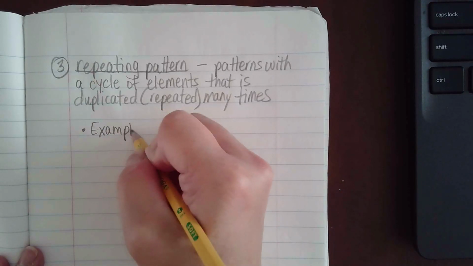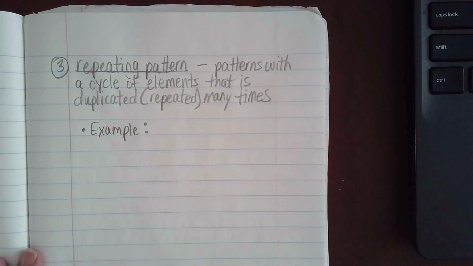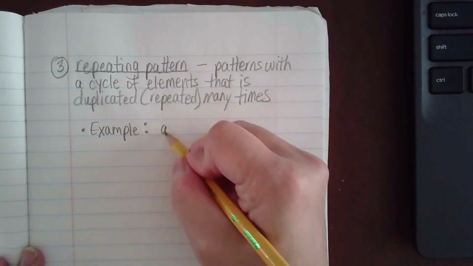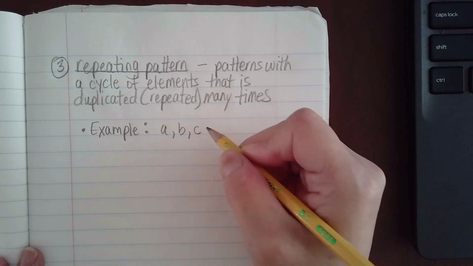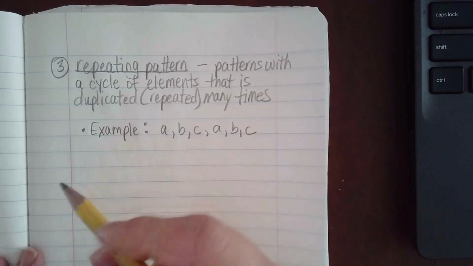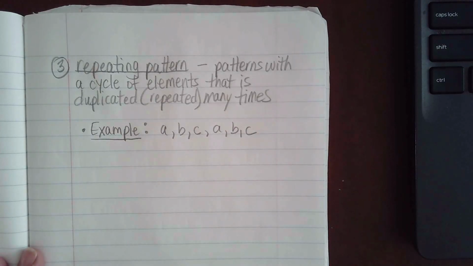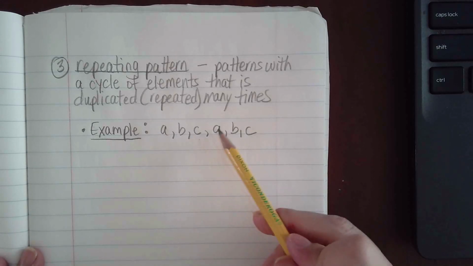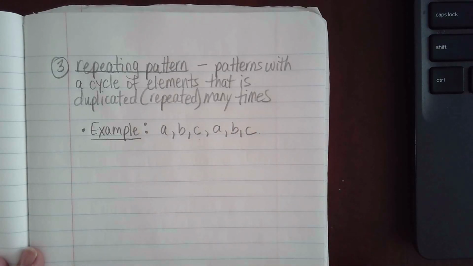and these are going to be letters for this pattern. Okay, you might have ABC, A comma B comma C, and then A comma B comma C. In that case, friends, the pattern has repeated. ABC, ABC, so then it would be ABC, ABC, ABC, and so on and so forth.